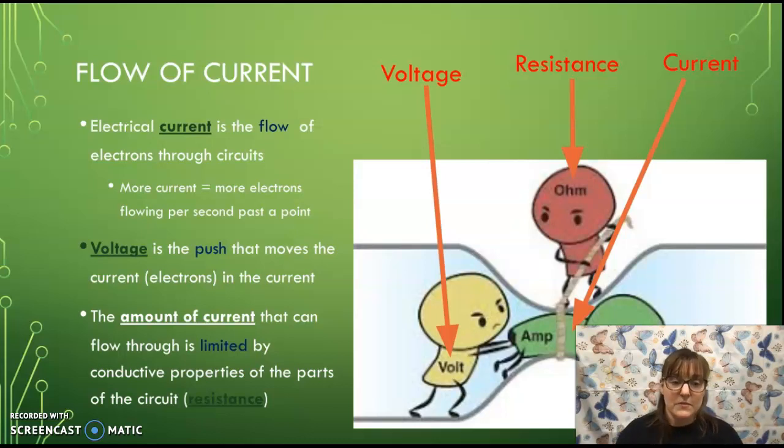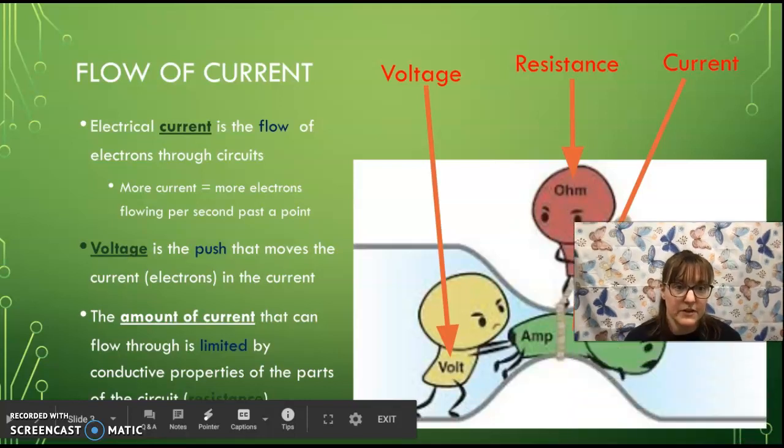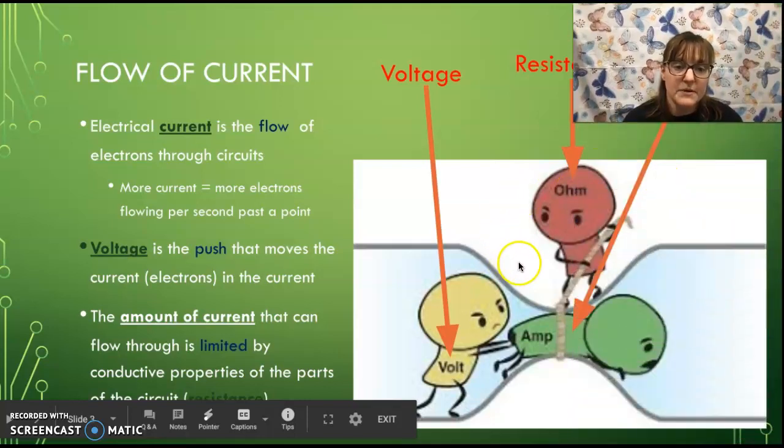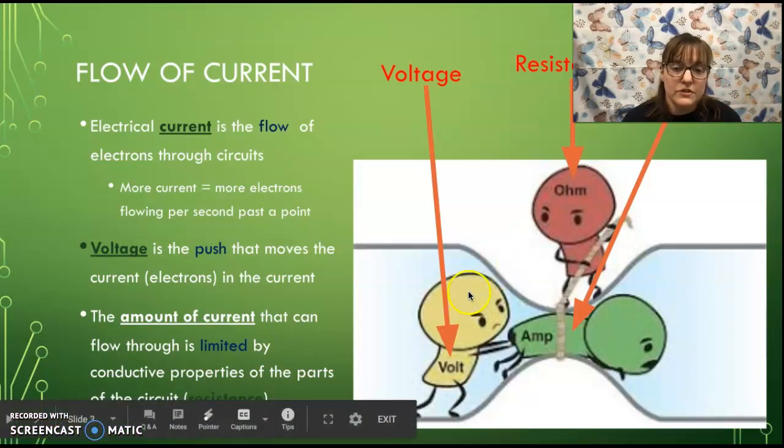So this is one of my favorite diagrams here, and I'm just going to move myself out of the way. What I love about this diagram is I think that this really sums up how a circuit works. Your circuit works by this voltage or your battery pushing the flow of electrons through.